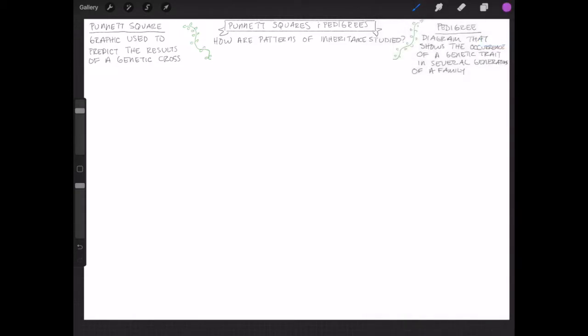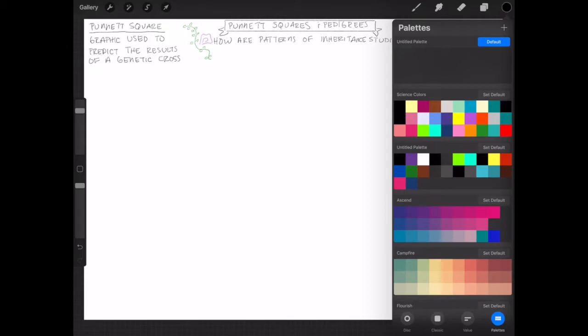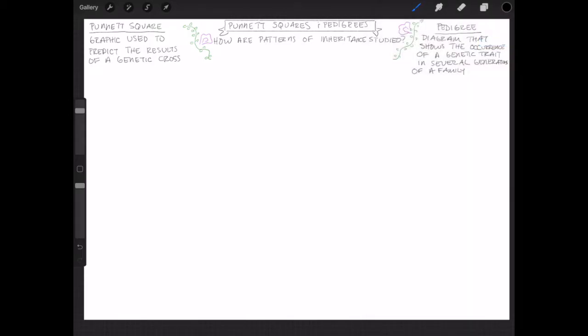Make a nice little lavender color. Okay, so let's look at what a Punnett square looks like.